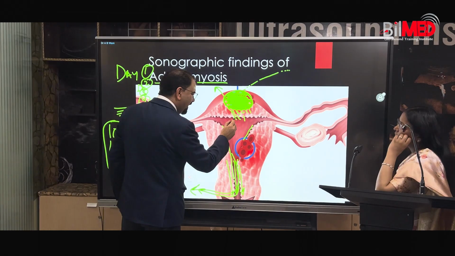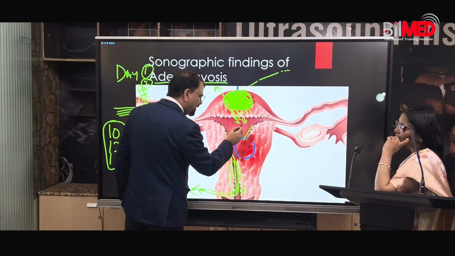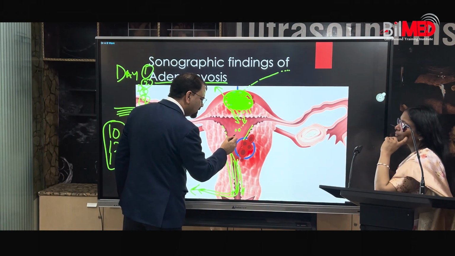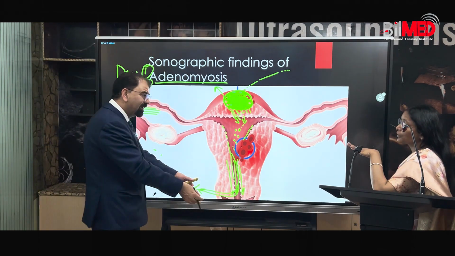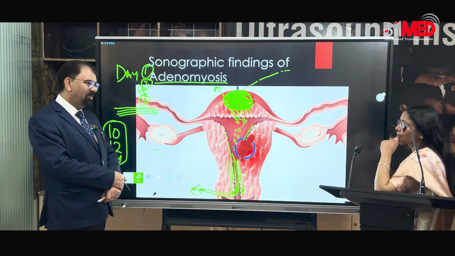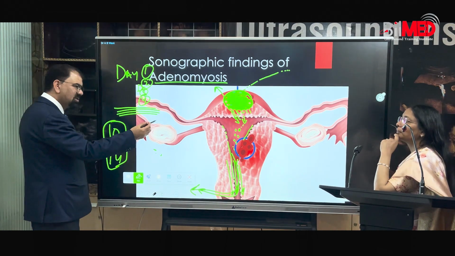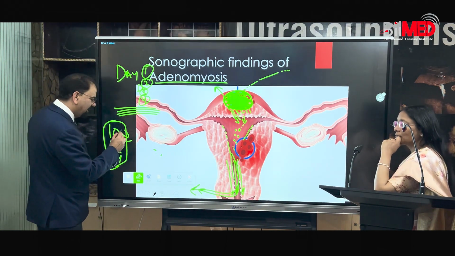And if it makes the connection with the main endometrial cavity, what will happen? Irregular spotting. Now the patient will have intermenstrual spotting, intermenstrual bleeding. So this is the reason for this intermenstrual bleeding.